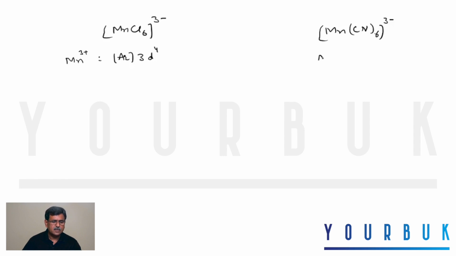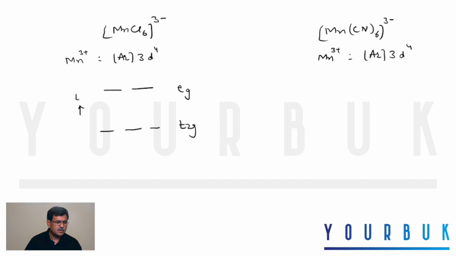Here these are the eg orbitals and these are the t2g orbitals, and the energy increases in this order. The same thing is in the second complex: this is the eg set, this is the t2g set, and the energy increases in this order.